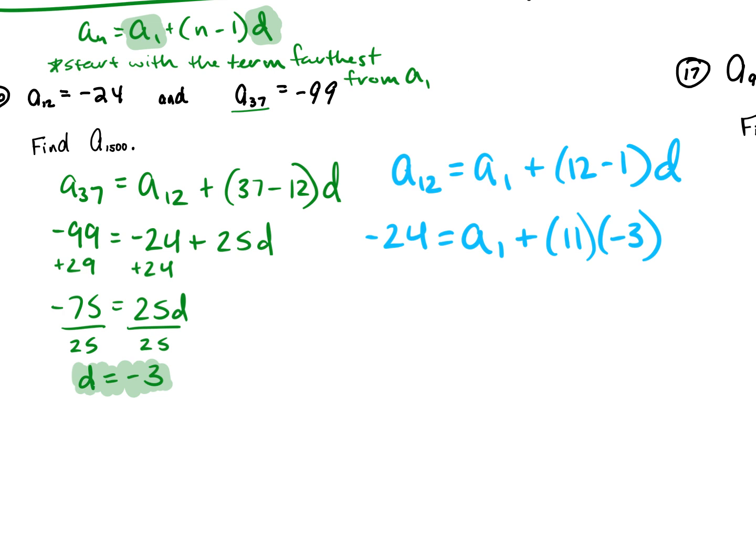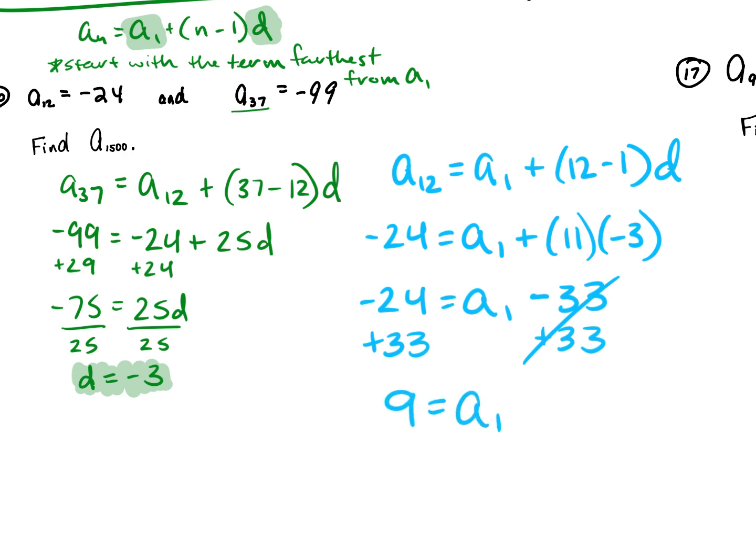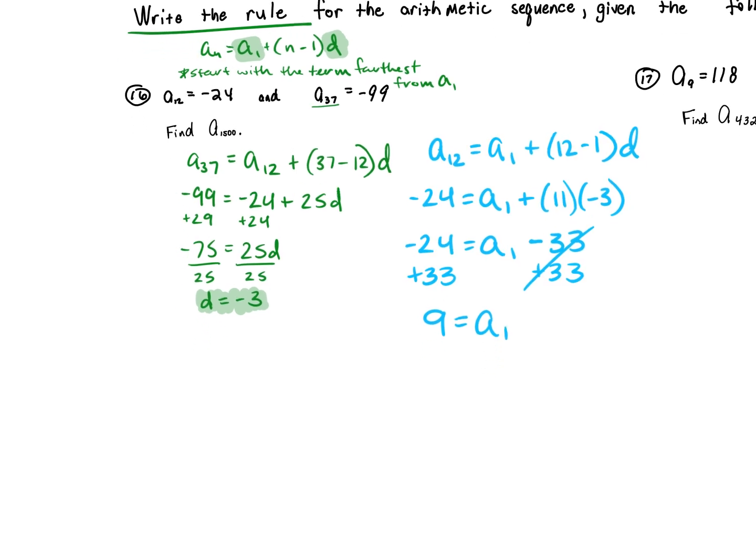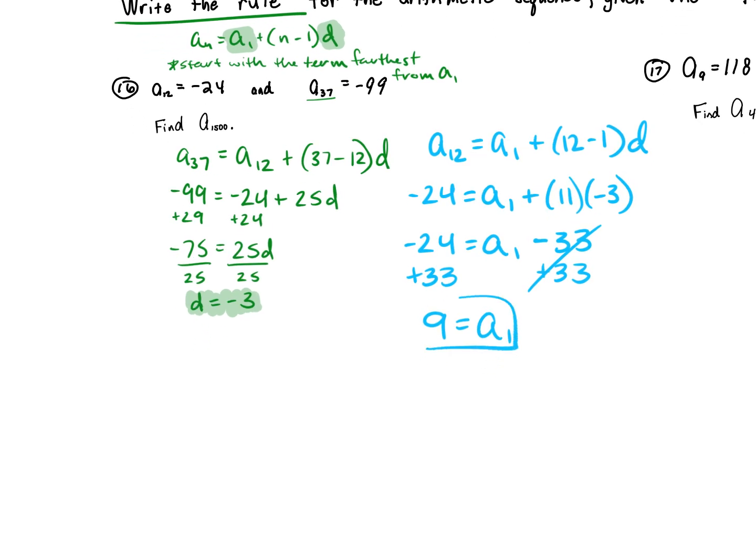So here we're solving for our first term. Negative 24 is equal to a sub 1 minus 33. We're going to add 33 to move it to the other side. Negative 24 plus 33 is 9. So our first term is 9.